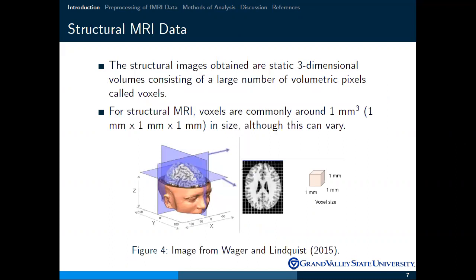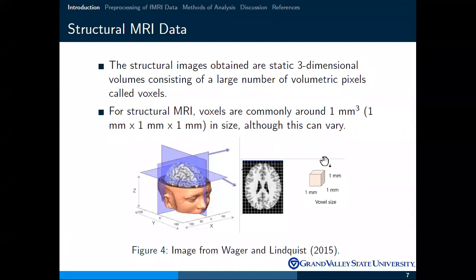So what does this MRI data look like when it's obtained from the scanner? So structural images that are obtained come in a three-dimensional array consisting of a large number of volumetric pixels, which in neuroimaging are referred to as voxels. So these voxels commonly for MRI data, and when we say MRI, that's often referring to structural MRI data, which is a single snapshot of the volume in time, not repeated measurements across time, just a one-time image.